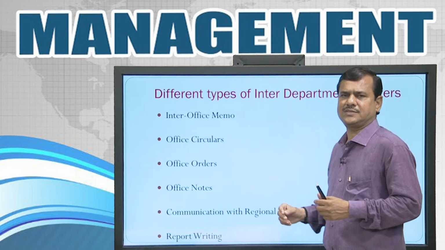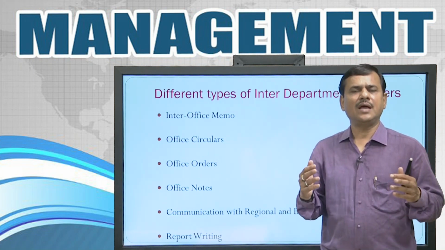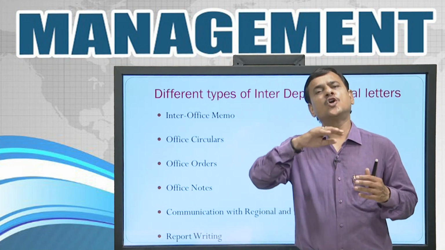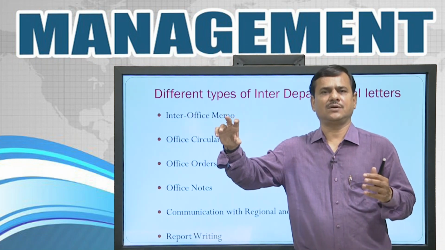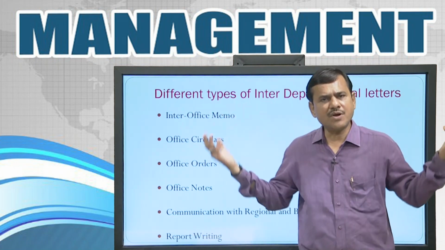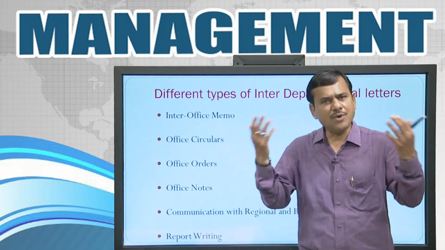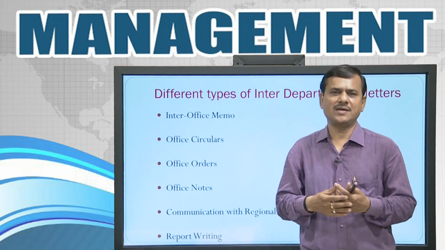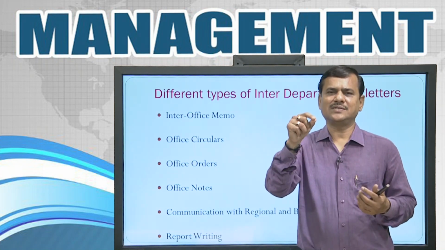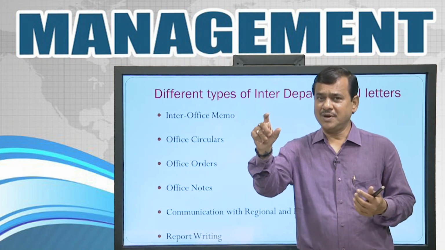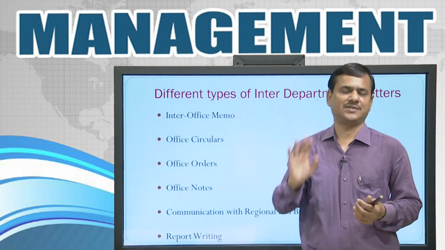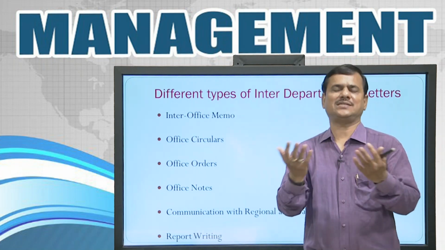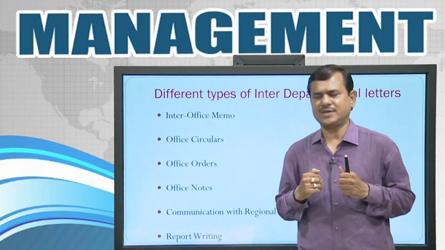Office circulars are letters which have a common message for n number of employees, for n number of people, where the receiver is important, but the message is more important. That means a common message is to be circulated.